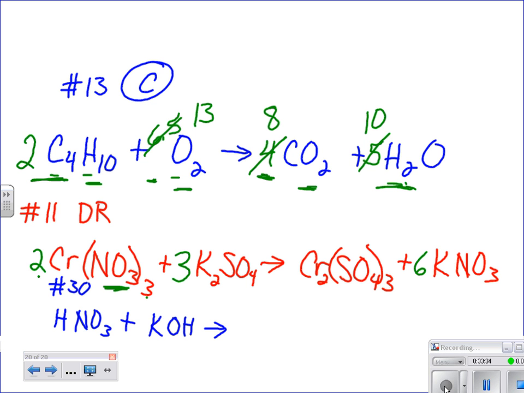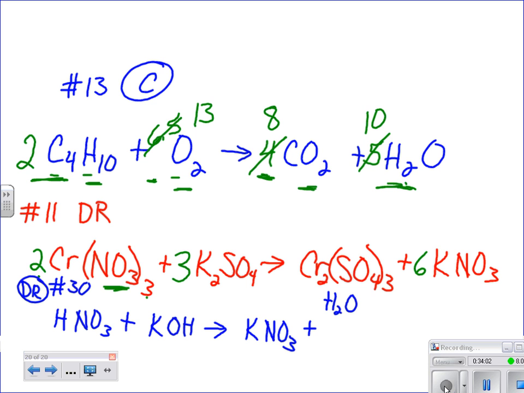But in this case, it forms potassium nitrate, K with a plus 1, NO3 with a minus 1, and it forms water. Now, we all know that the way you write water is H2O. But when you have a double replacement reaction like this, it is so much easier for balancing if you keep your polyatomic ions intact.